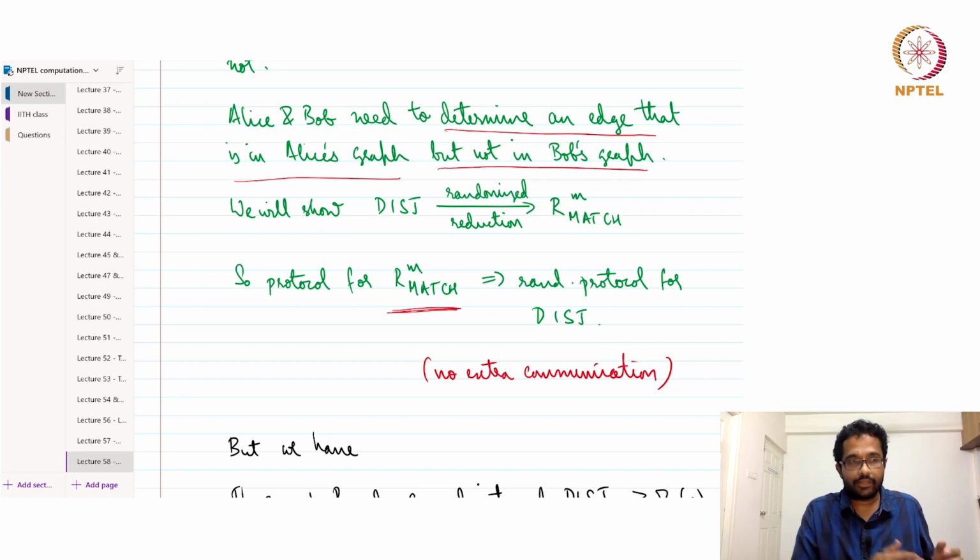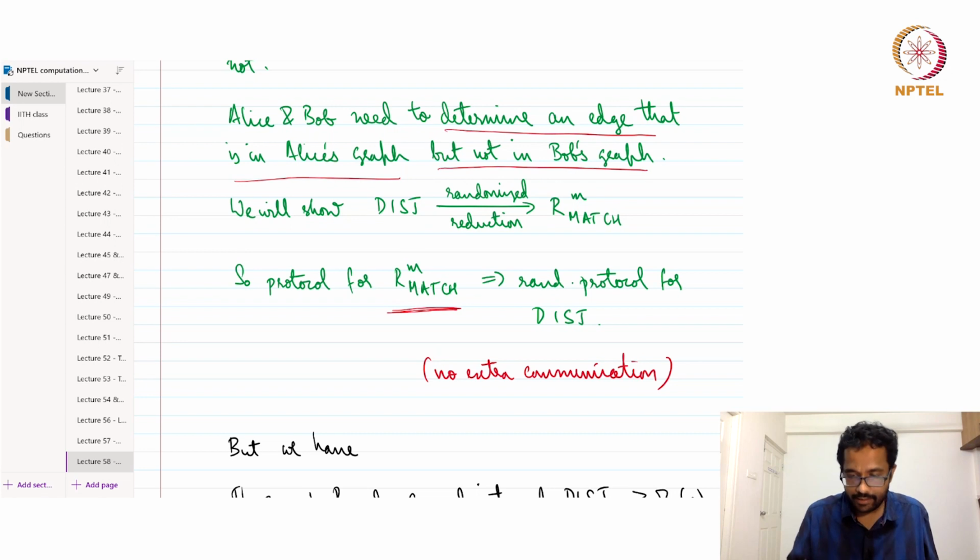This transformation is randomized, and then we run the protocol for the Karchmer-Wigderson relation on matching, R match, and using that we will be able to determine whether the inputs were disjoint or not. So it is a randomized protocol to decide disjointness.